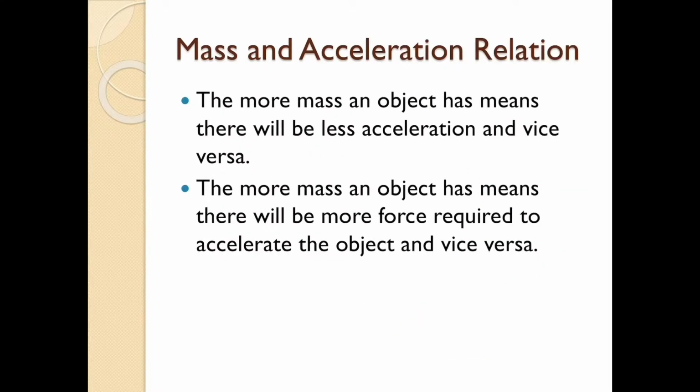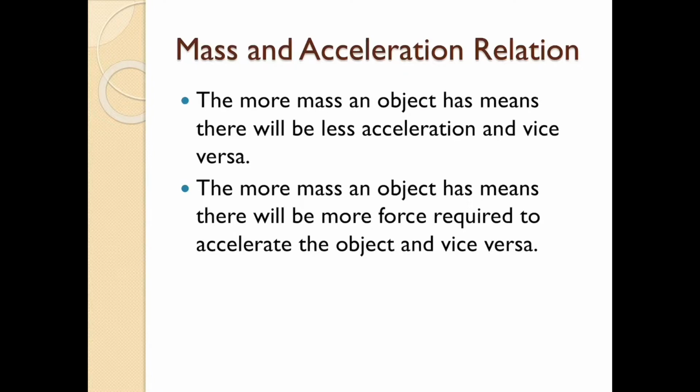But let's talk about the mass and acceleration relationship. Well, if we have an object that has more mass, we know that it's going to cause the acceleration to be less because it's going to be pretty hard for that thing to accelerate, and vice versa. So if something has a very small mass, it can accelerate pretty quickly.